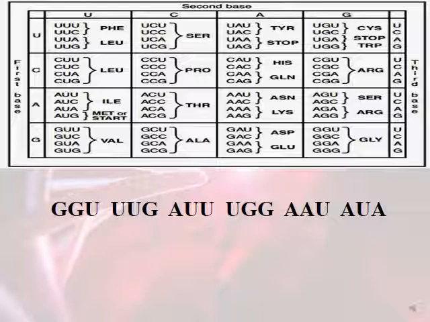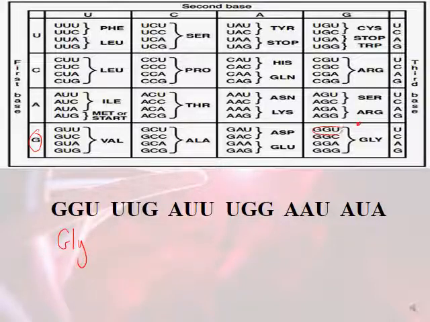How can we determine the sequence of the amino acids? Simply using the genetic code table. So using the genetic code table, GGU: the first letter is G and the second letter is G. Let's move here. It's glycine, GLY.